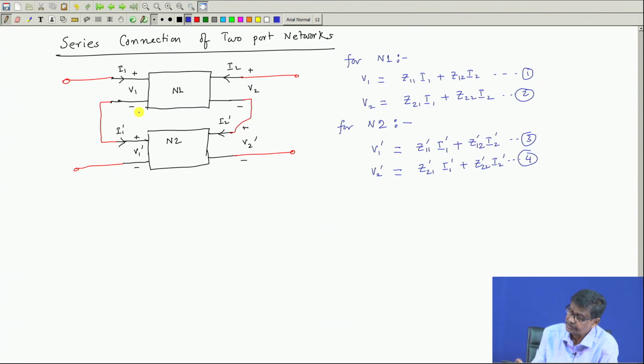But now you see that because these two ports are series connected, this I1 dashed is nothing but I1 itself, is it not? This I1 and I1 dashed, they are the same. So, the important thing to note is I1 dashed is equal to I1 and I2 dashed is equal to I2.